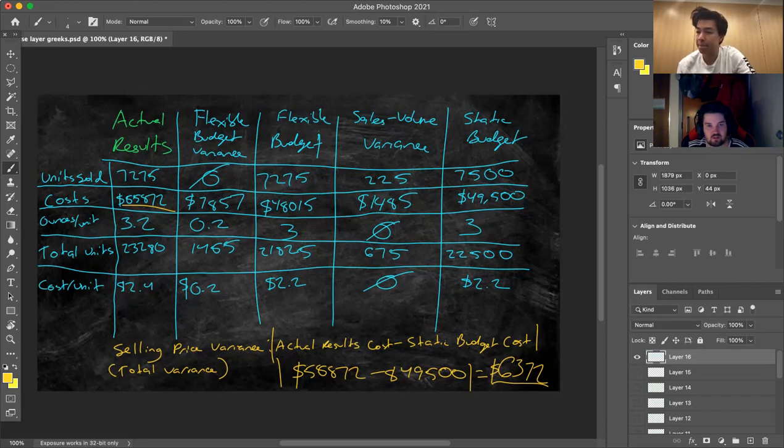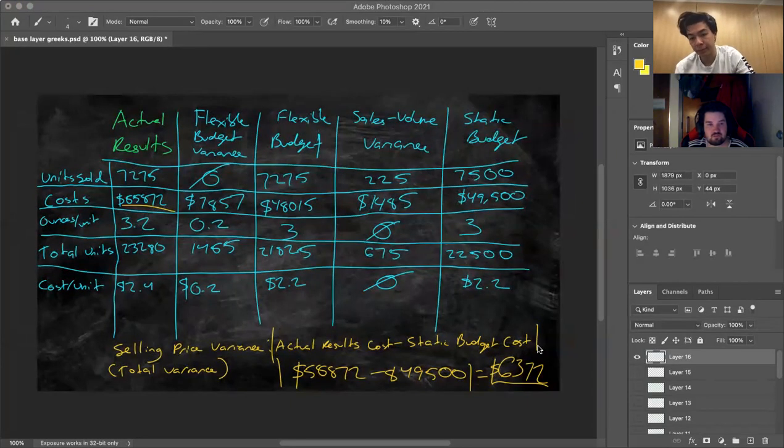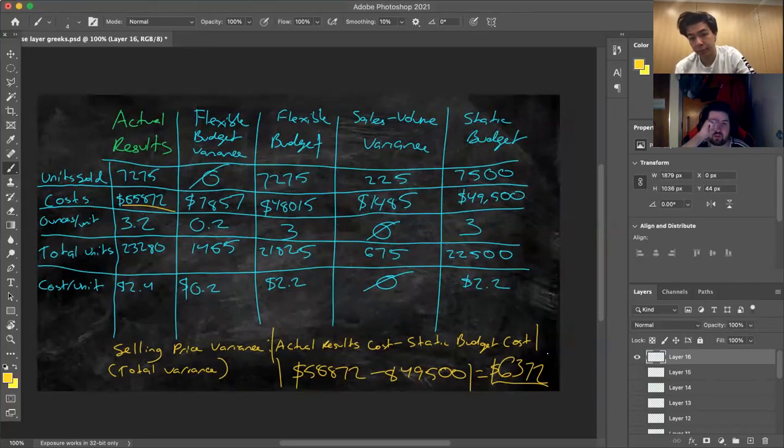Okay, so that's unfavorable. Yes, because it's unfavorable: your budget is 49,500 and the actual results were 55,872. So it cost 6,372 more.